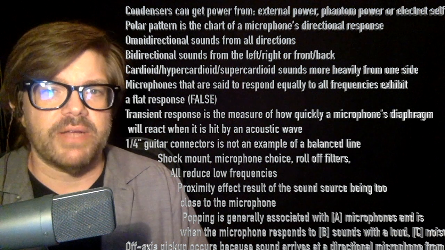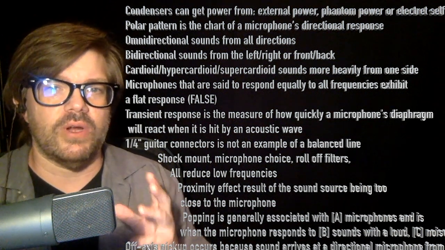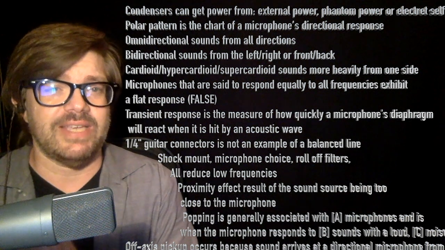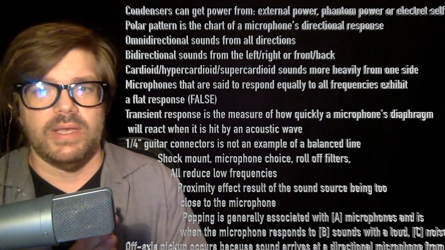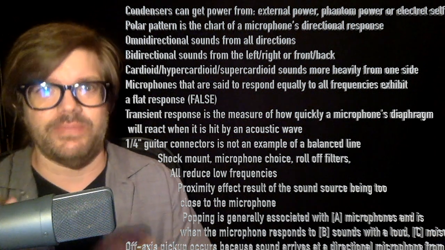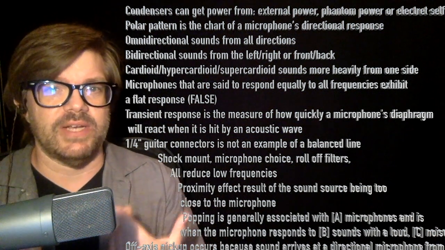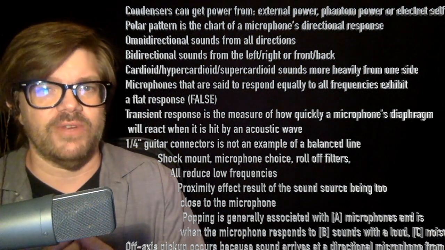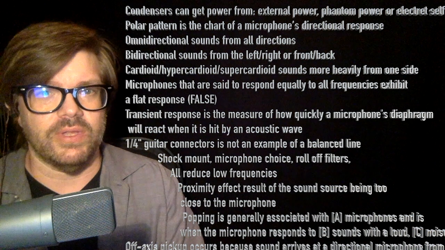Good. Microphones that are said to respond equally at all frequencies have a flat frequency response. Apparently that's a true-false question, and I forget what was false about it, but a flat frequency response, when it responds equally to all frequencies, is usually what we want.